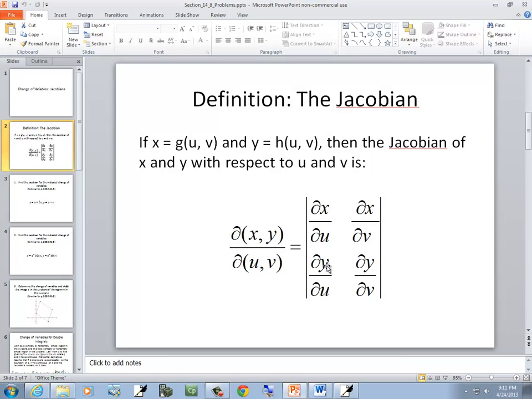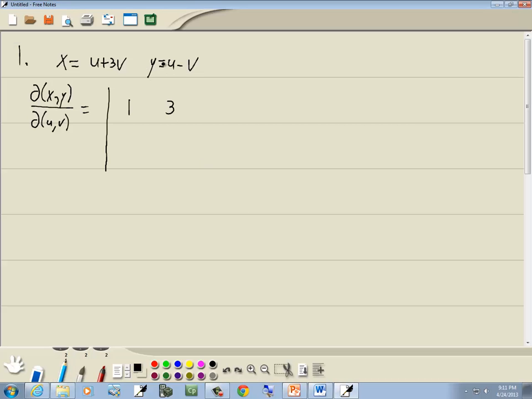And then here the partial of y with respect to u, that'd be 1. And then the partial of y with respect to v, that'd be negative 1. Well, 1 times negative 1 minus 1 times 3 gives us negative 1 minus 3, which gives us negative 4.